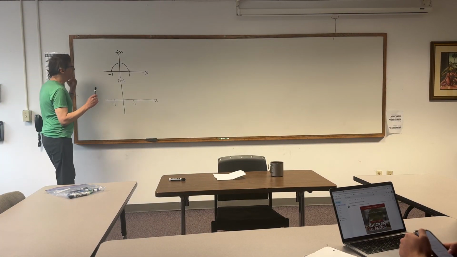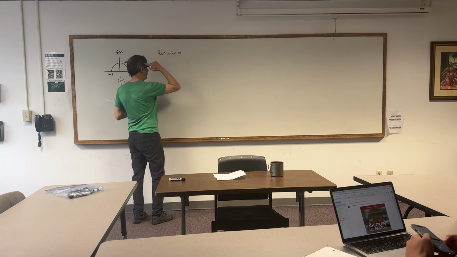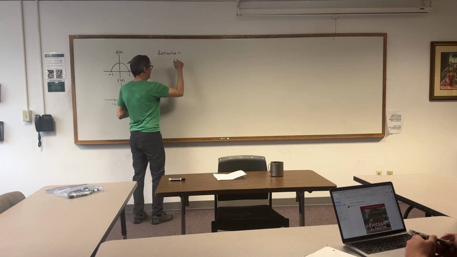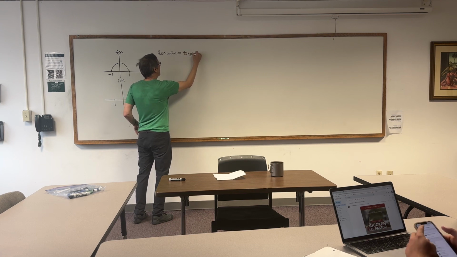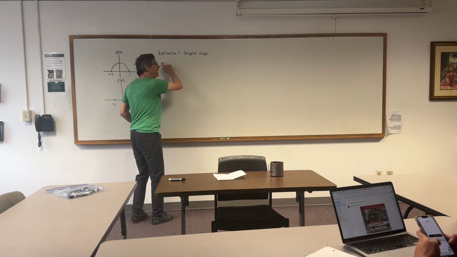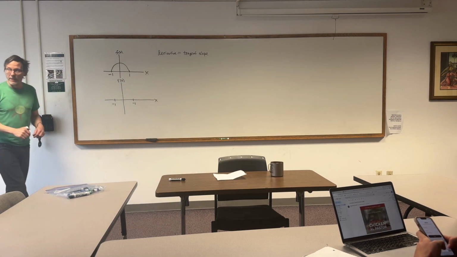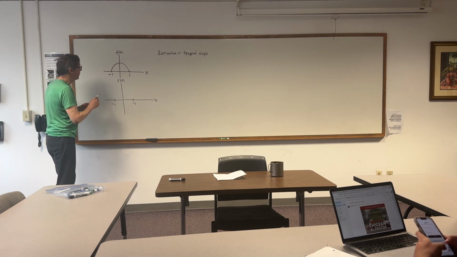So, remember that derivative equals the tangent slope. This is the key to remembering and helping yourself get going on any of this stuff. That's the key correlation to make, and once we have that, then at least we know what to do.